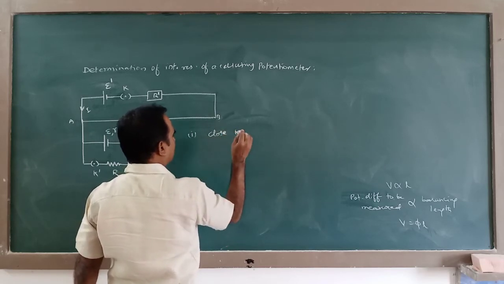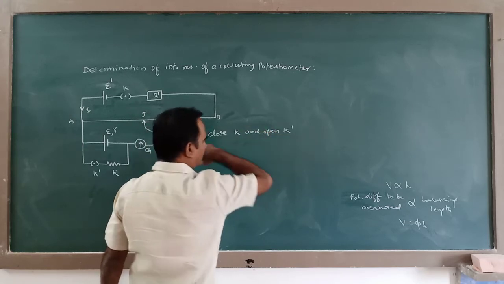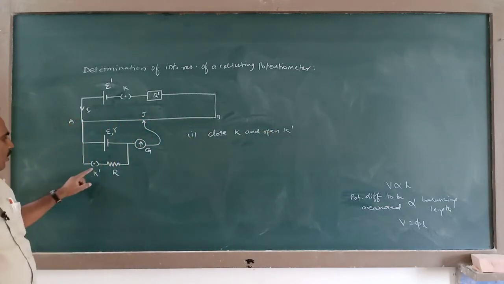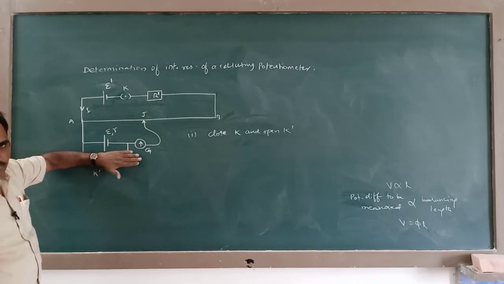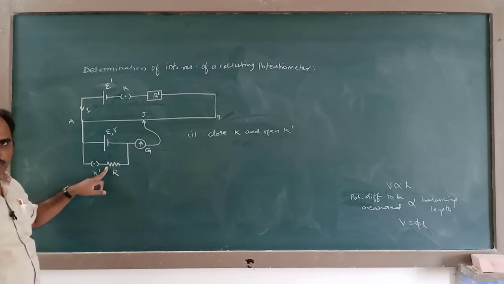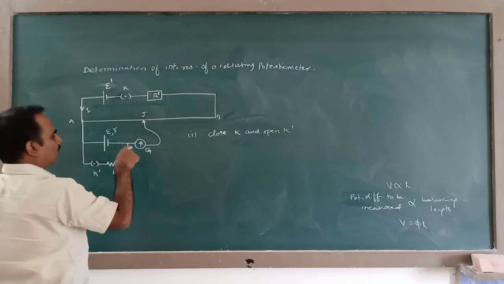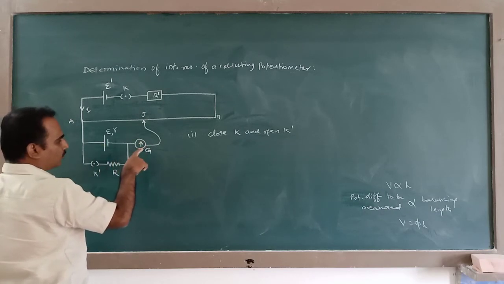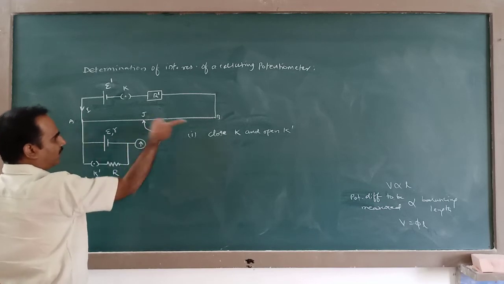Close K and open K dash. When you open this K dash, this part is not included in the circuit. The resistance is not included in the circuit. Now you check for opposite deflection in the galvanometer on either side, A and B.